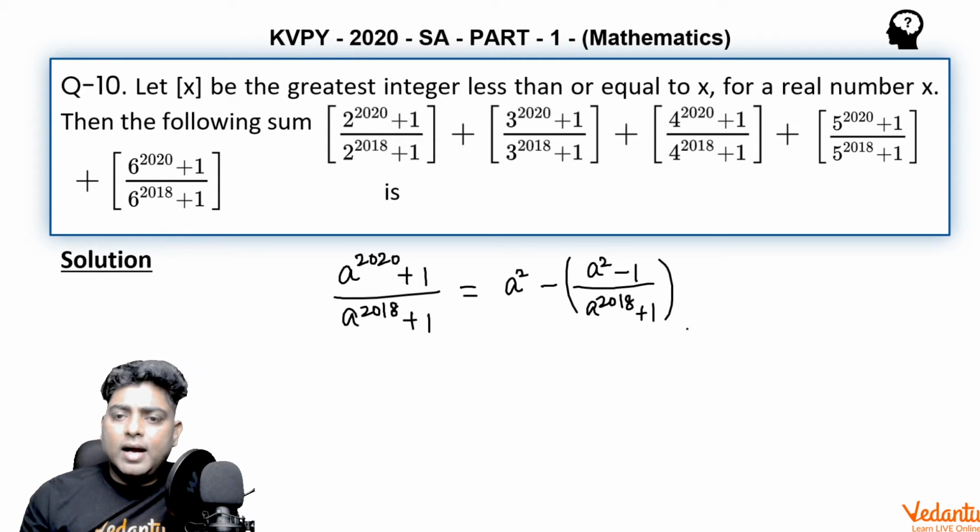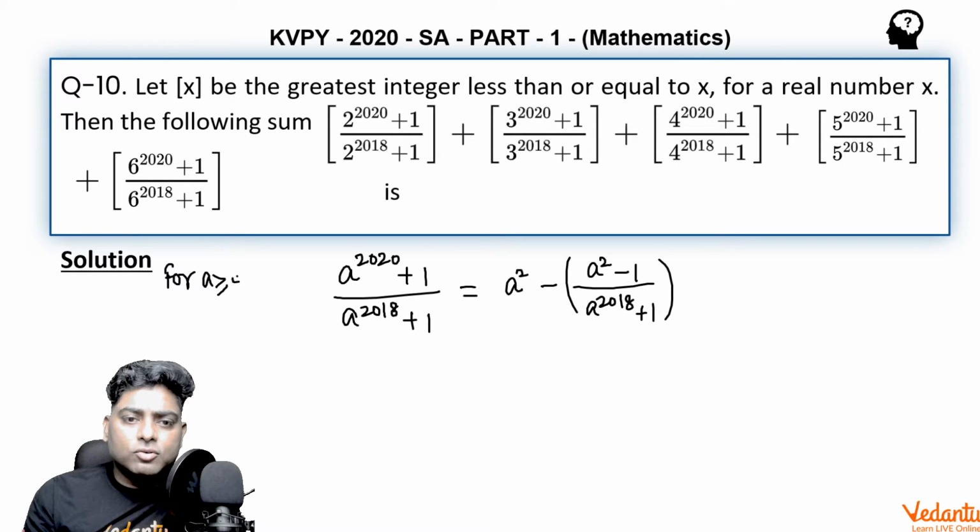And we know that a is greater than or equal to 2. The base is given as 2, here 3, 4.